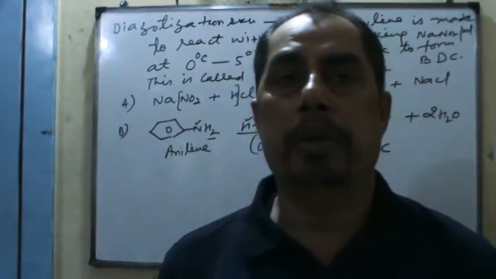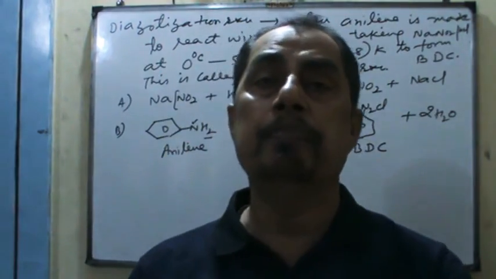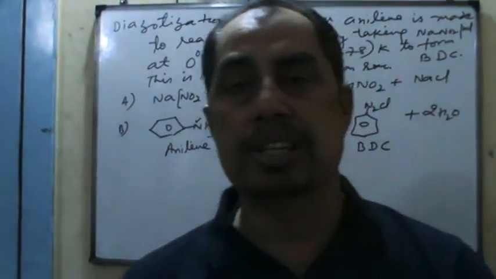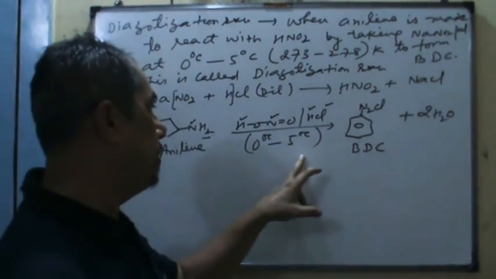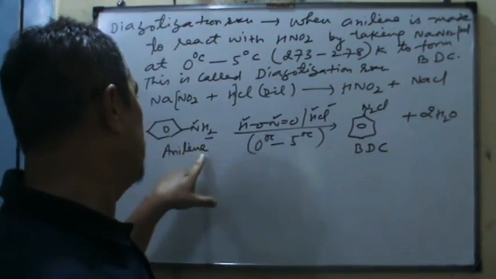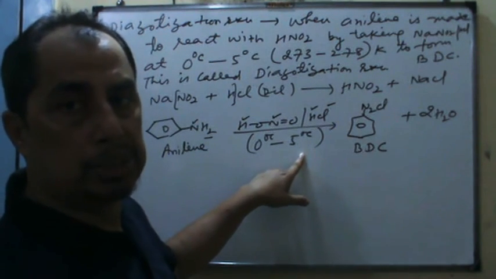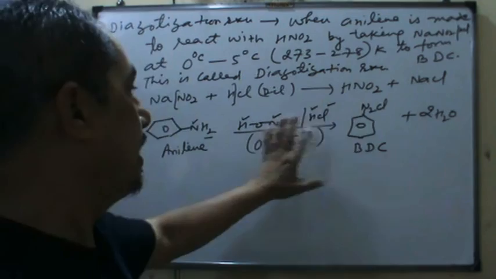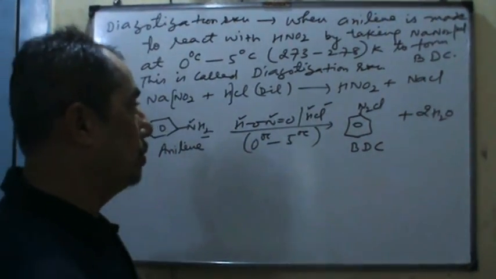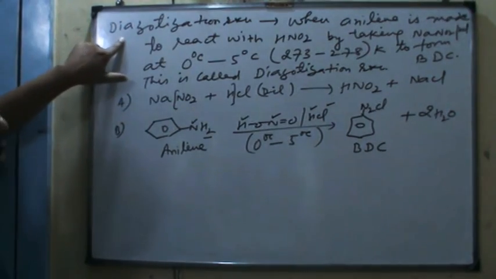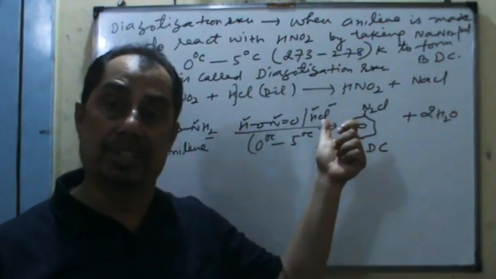That is prepared in situ as a reaction mixture, because nitrous acid is a highly unstable acid. So before the reaction, it has to be prepared, and then it is made to react with aniline at this condition, that is 273 Kelvin to 278 Kelvin to form BDC, and water is lost. What is the name of the reaction? This is known as diazotization reaction.